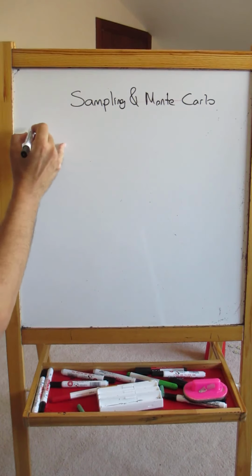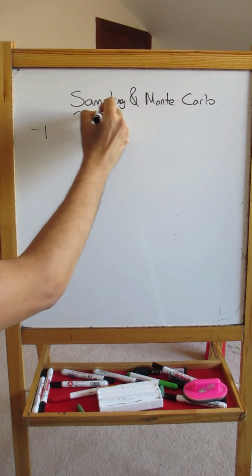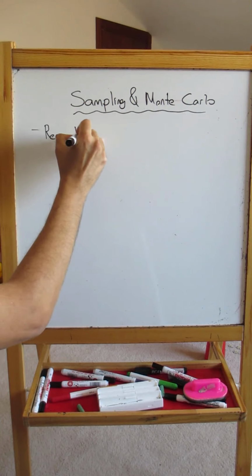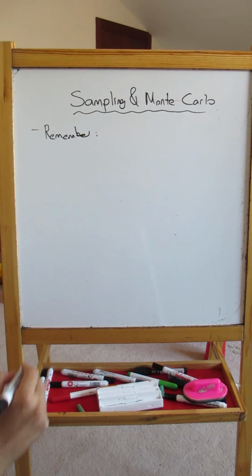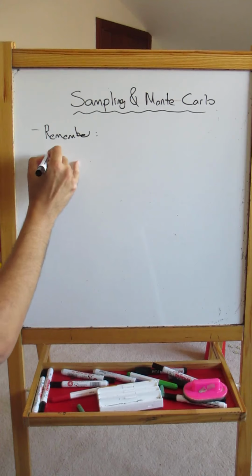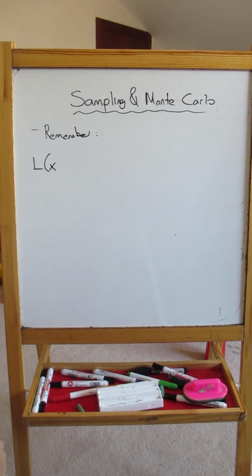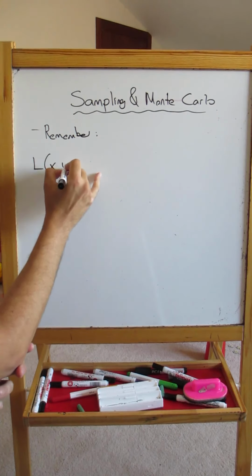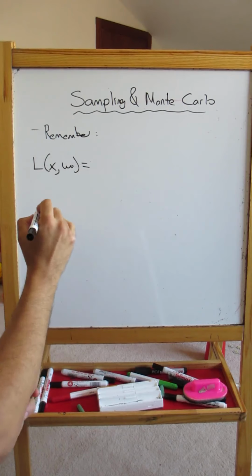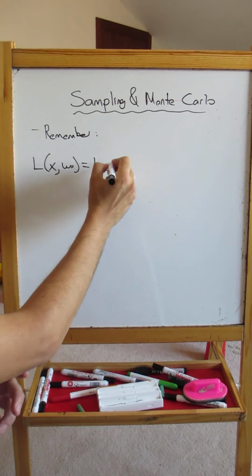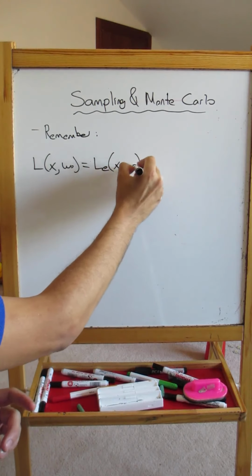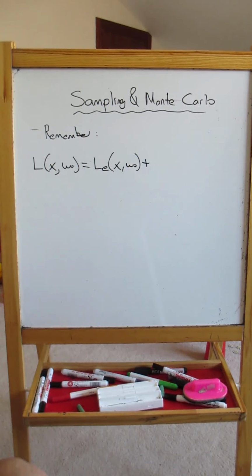Now let's remember the rendering equation, which is the radiance that is being sent out from the point X along WO, equal to the emitted radiance from X along WO, plus an integral.